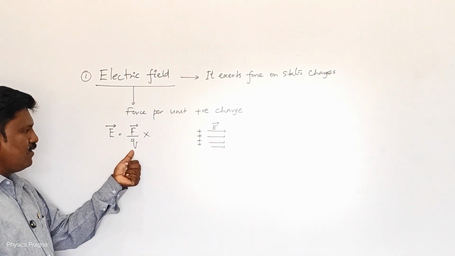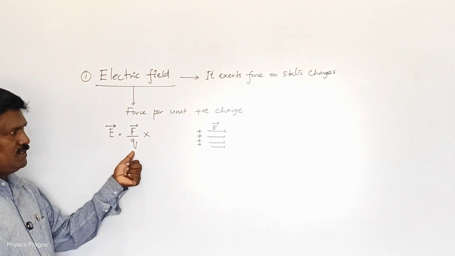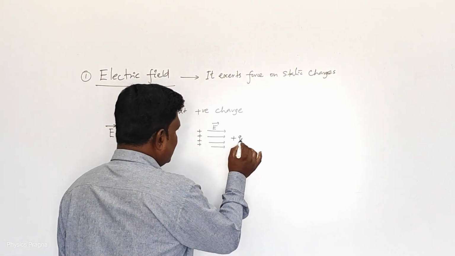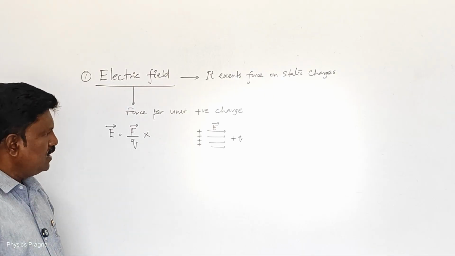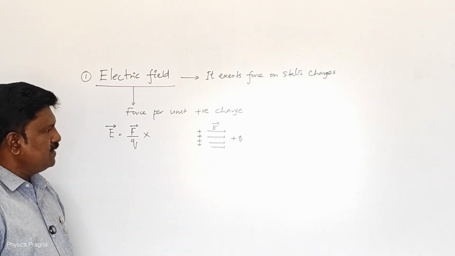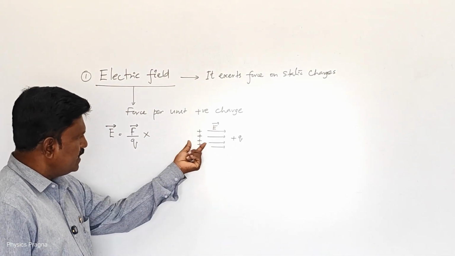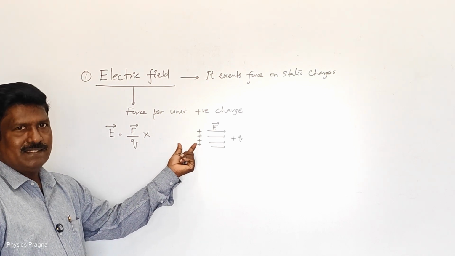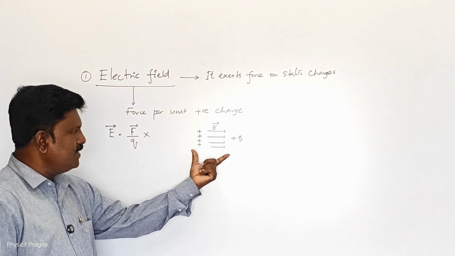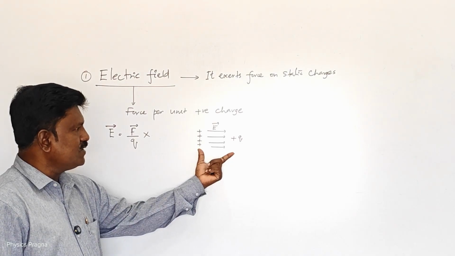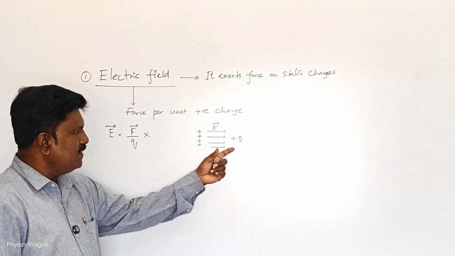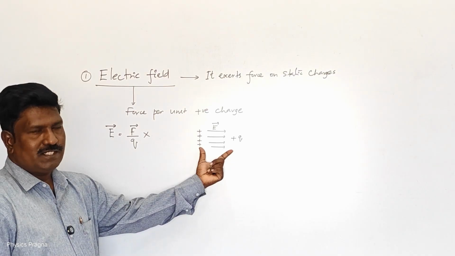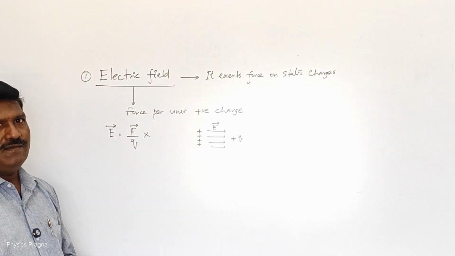To measure, we have to put a positive charge. So if I put another positive charge here, plus small q, because of repulsion, the position of source of charge will move back. So the actual distance between the source of charge and my charge I could not calculate perfectly. That's why my answer becomes wrong.